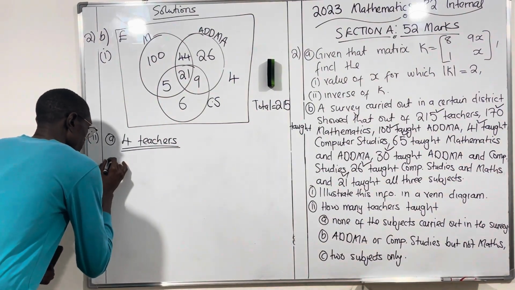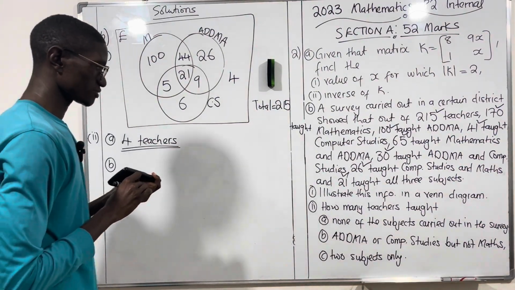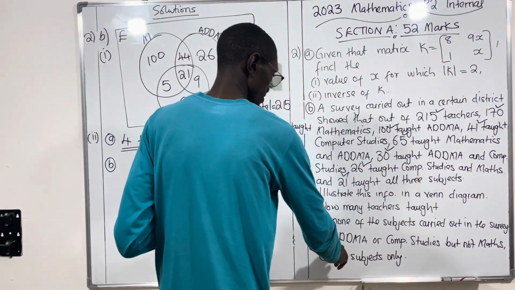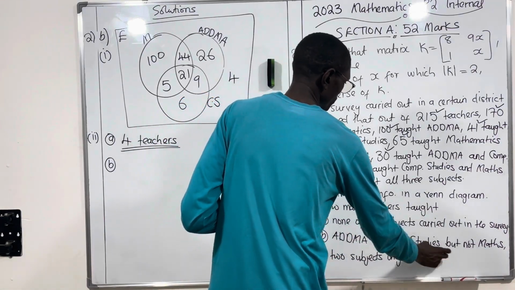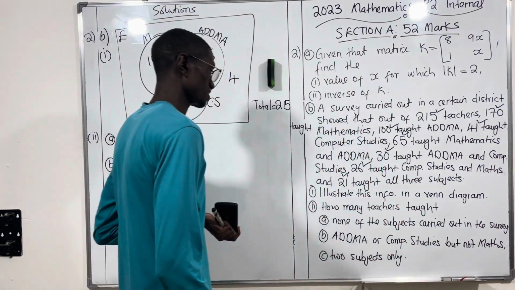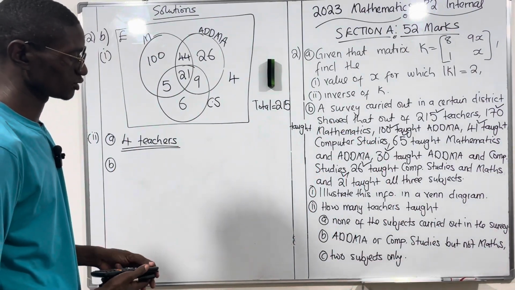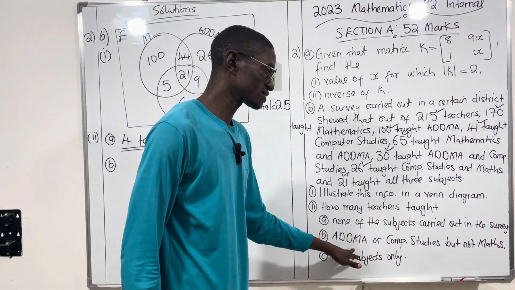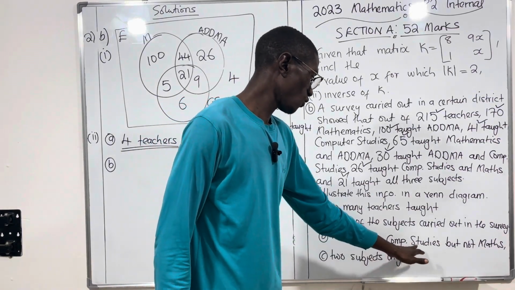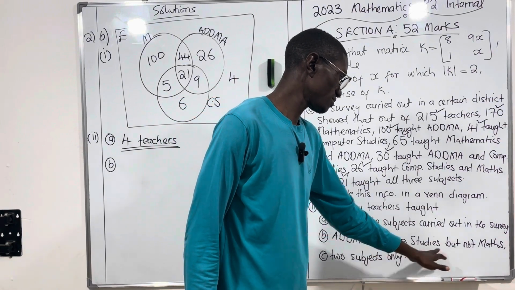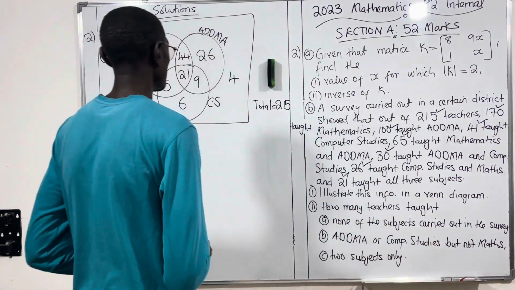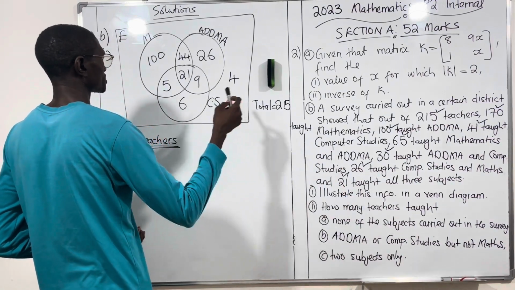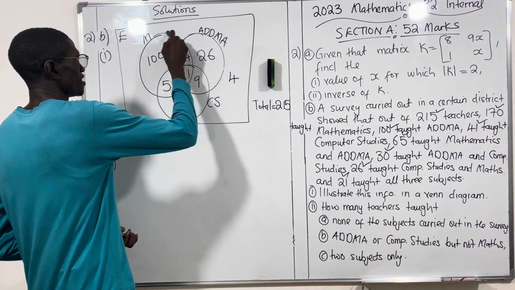We come to B. B says, how many teachers taught additional mathematics or computer studies but not mathematics? So here we have been given an option. We can choose either those that took additional mathematics only, or those who took computer studies only but not mathematics. So in other words, this is more like the set for mathematics complement, except for those who took mathematics.